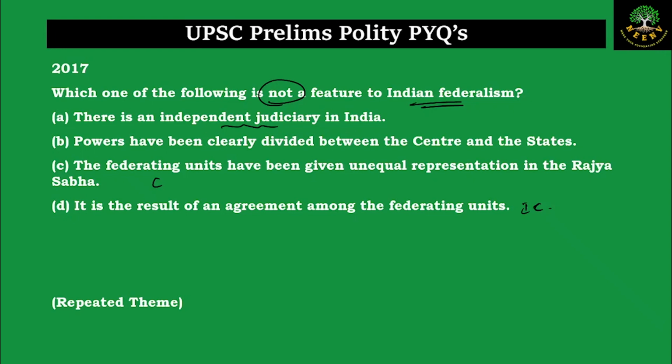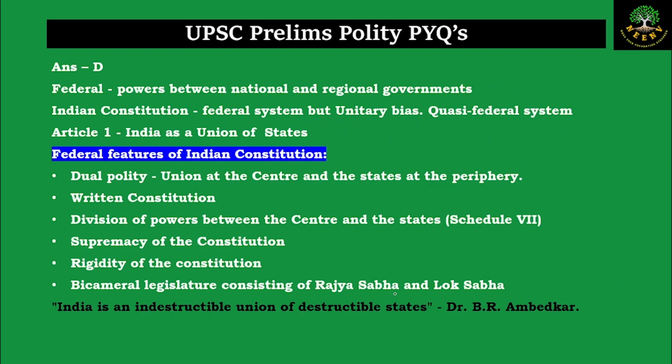So we can say that B.R. Ambedkar in fact said that India is an indestructible union of destructible states, whereas USA is a destructible union of indestructible states. Now coming to the federal features of the Indian Constitution, we have the dual polity, that is the union at the center and the states at the regional level. We have the written constitution, we have the clear division of powers between the center and the states.